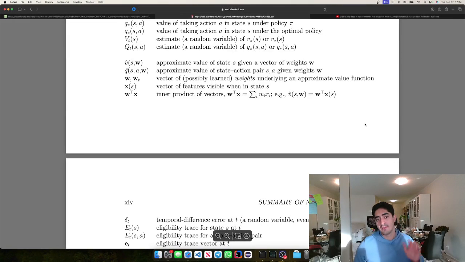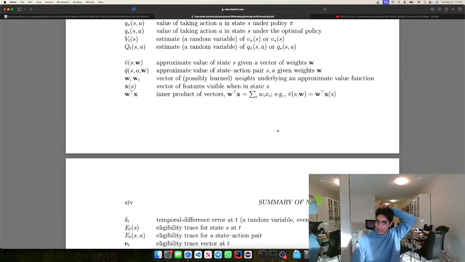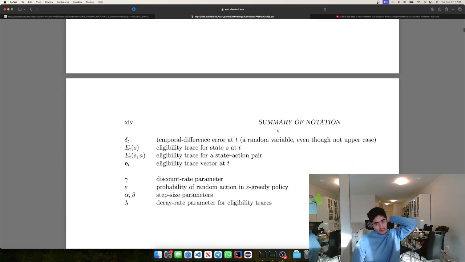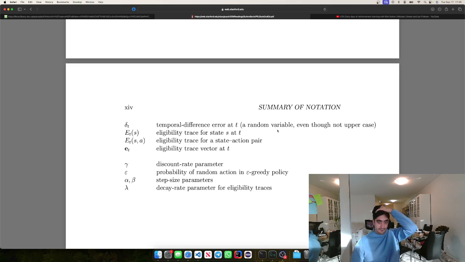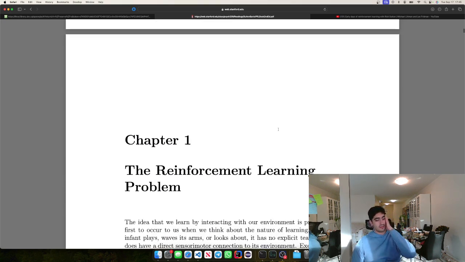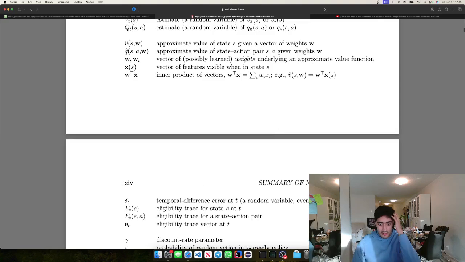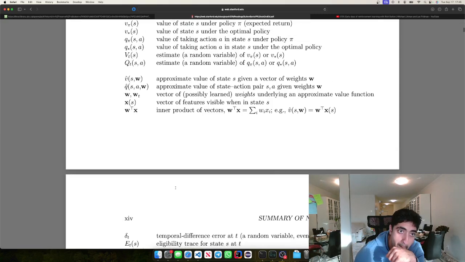Alright. Good enough, maybe. Temporal difference error, random even though not uppercase.